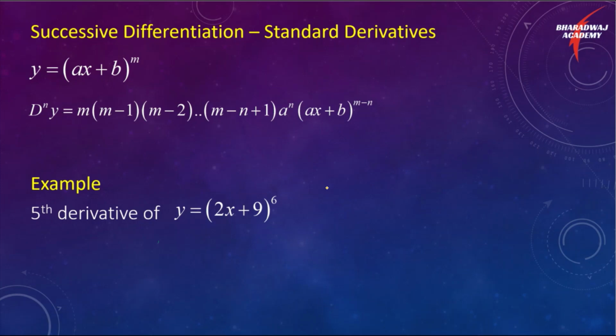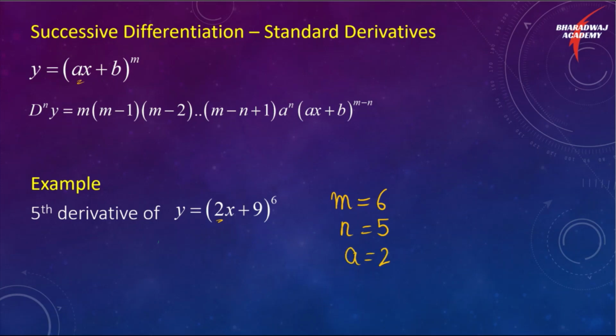Yes. What is the value of m? First things first. Let's take the value of m. m is equal to 6. n is equal to 5 because it's the fifth derivative. And what is a? This a is equal to 2.